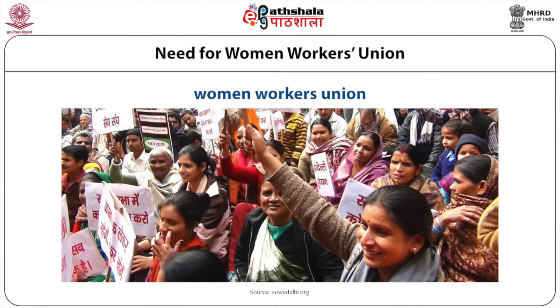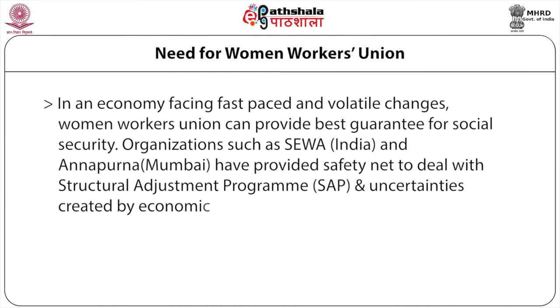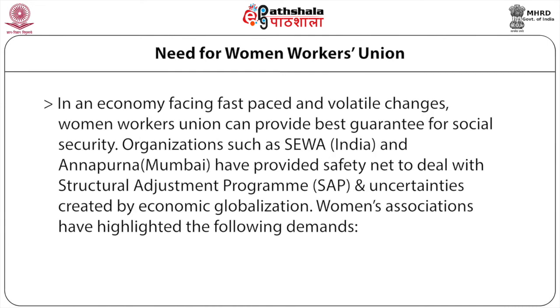In an economy facing fast-paced, volatile changes, a Women Workers Union can provide the best guarantee for social security, because women workers unions not only fight against injustice, but also have a developmental agenda. Organizations such as SEWA India or Annapurna Mumbai have provided a safety net to deal with the structural adjustment program and the uncertainties created by economic globalization.